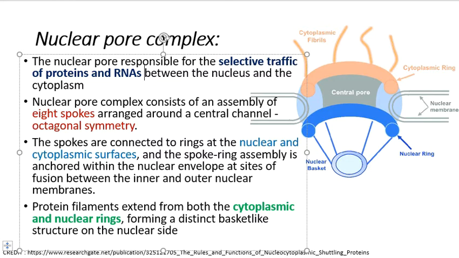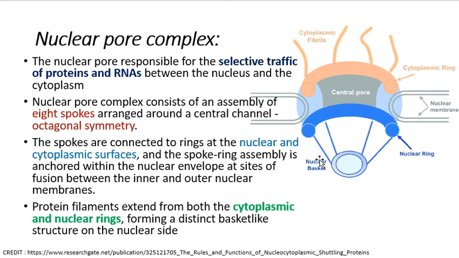In vertebrates, the nuclear pore complex is composed of 30 to 50 different pore proteins called nucleoporins, most of which are present in multiple copies. The nuclear pore complex consists of an assembly of 8 spokes, like this we see here, arranged around a central channel in an octagonal symmetry.